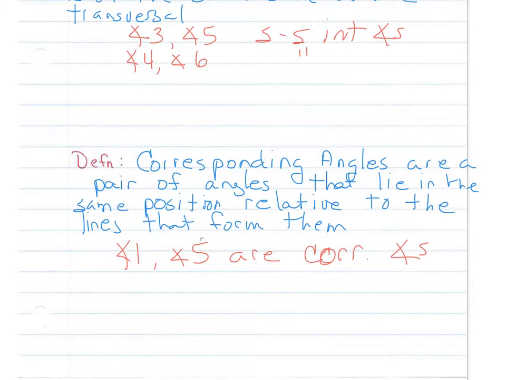Angle 2 and angle 6. Any others, Kason? Angles 4 and 8. And what else, Anna? 3 and 7. So they are in the same position relative to the lines that form them.